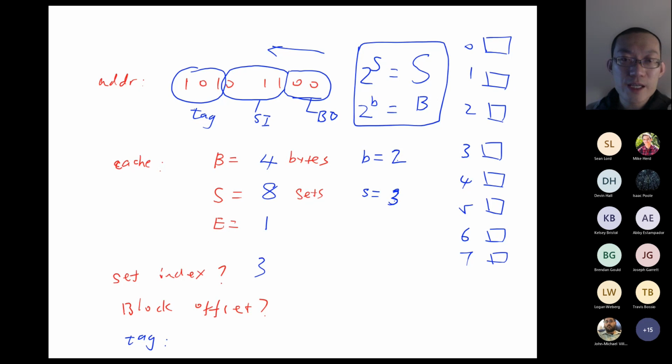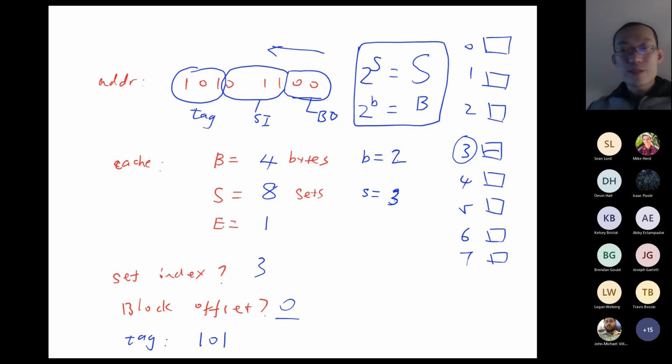The block offset is 0. The tag we need to look at is 1, 0, 1. So we go to set index 3 and look at the line it has. We try to find a match on whether the tag part is 101. So we can decide whether it will be a cache hit or cache miss. If this is a cache hit, we use offset 0 to pick up the byte out of these 4 bytes.